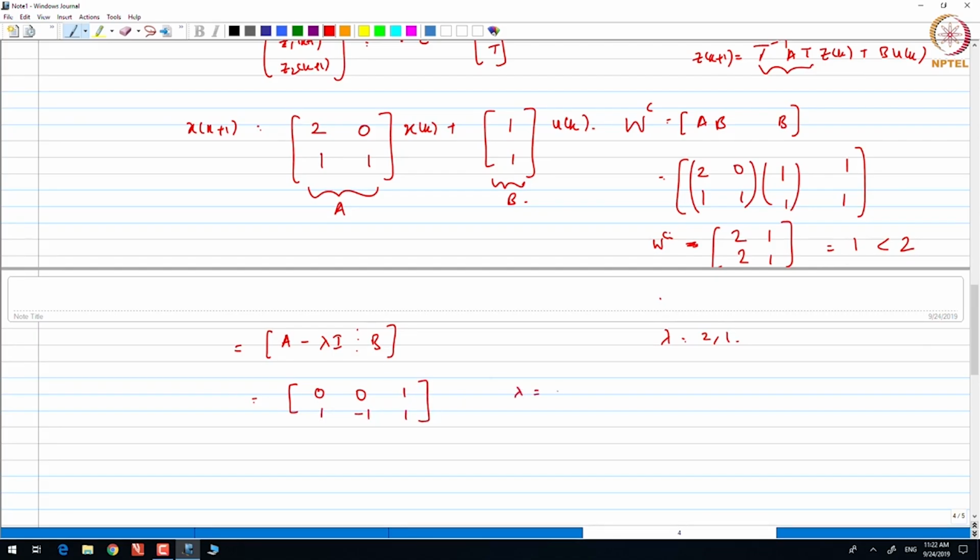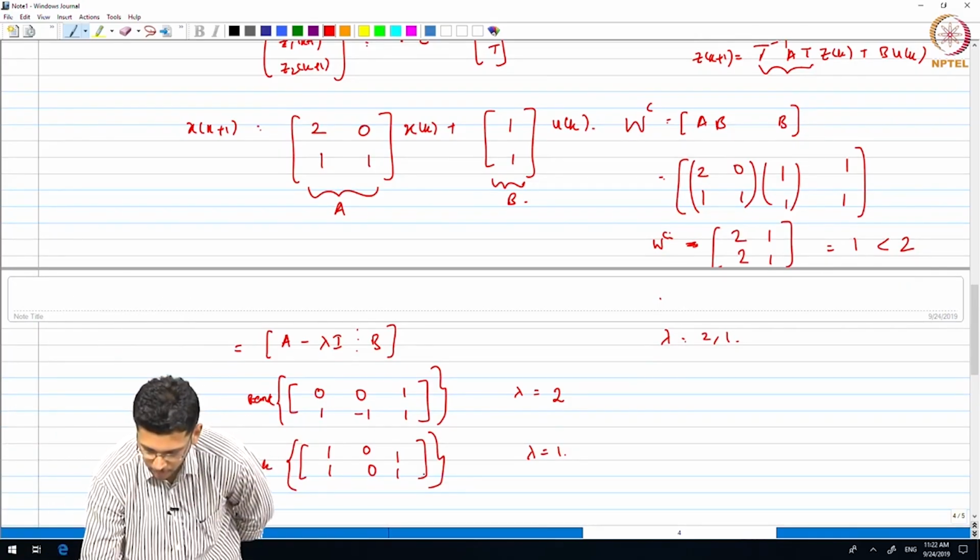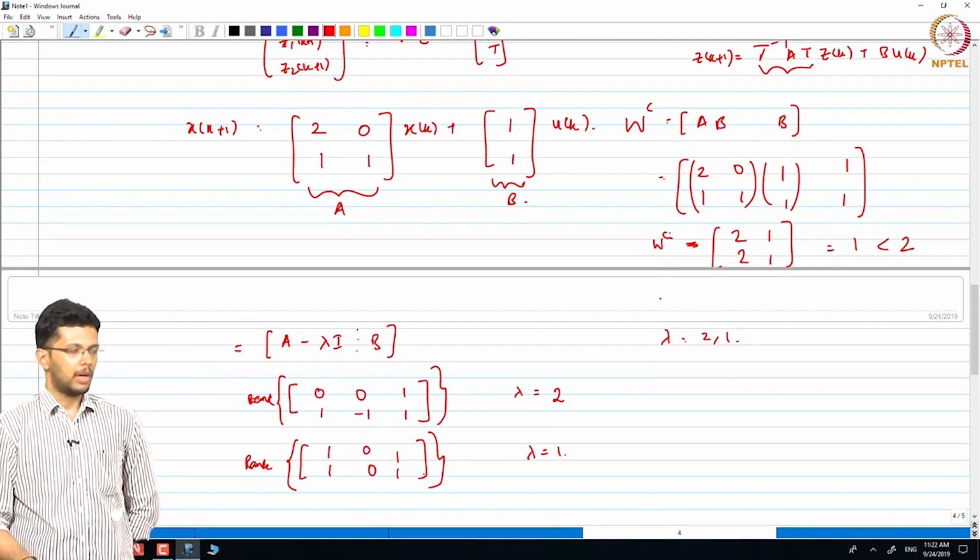For lambda equal to 2, 1, 0. Okay, so this is the Hautus matrix for different eigenvalues.